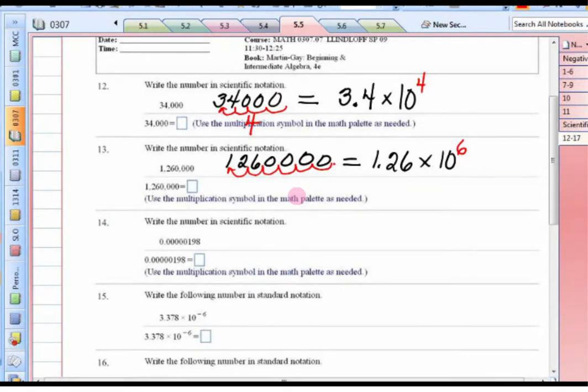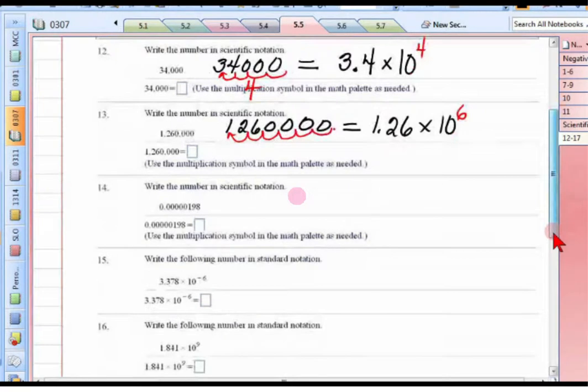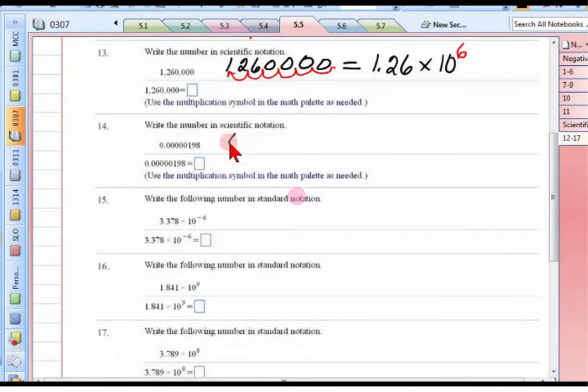Let's look at number 14. I have 0 point, let me count those. 1, 2, 3, 4, 5 zeros and a 198. That's a standard notation number. In scientific notation, what will the number part of it be? 1.98.